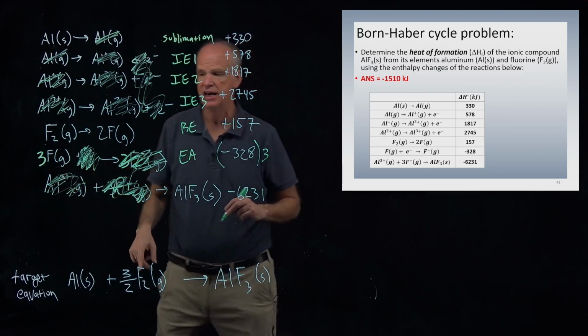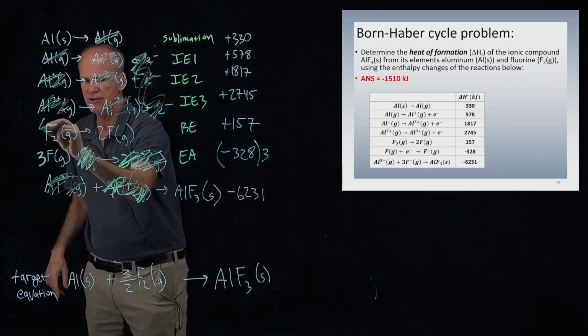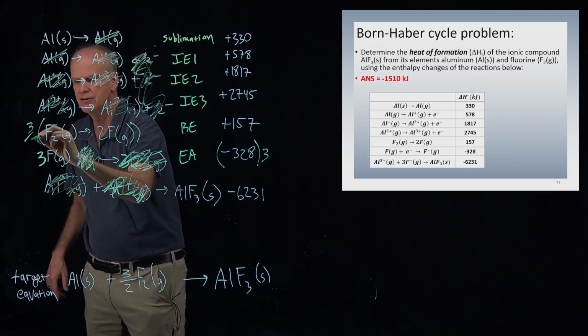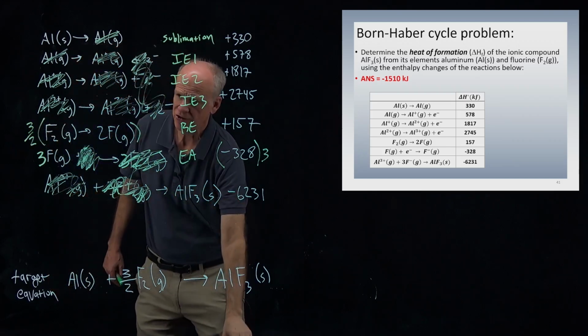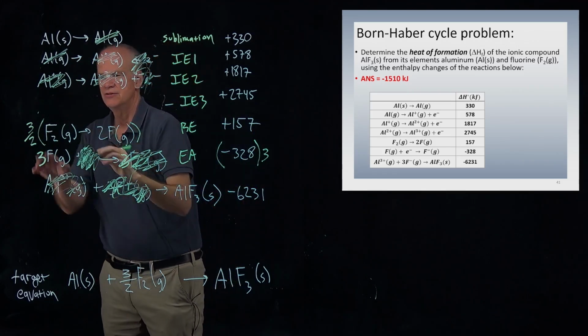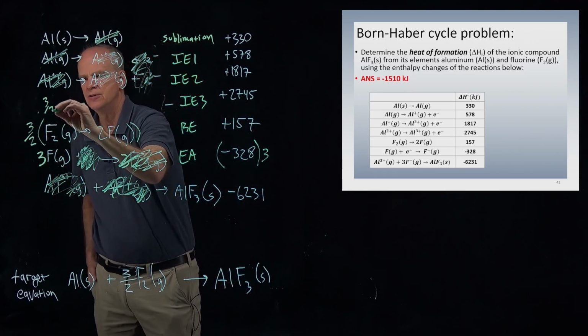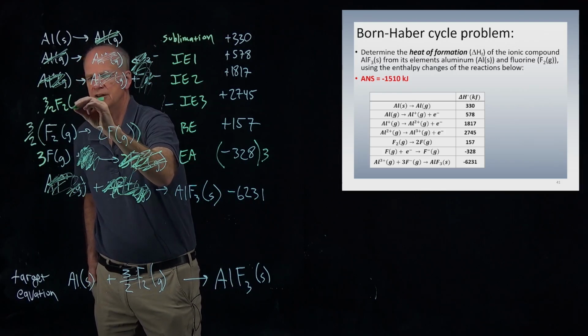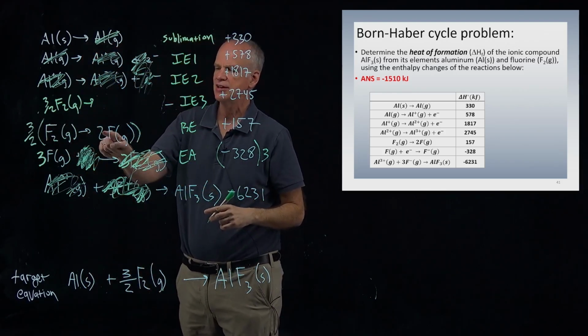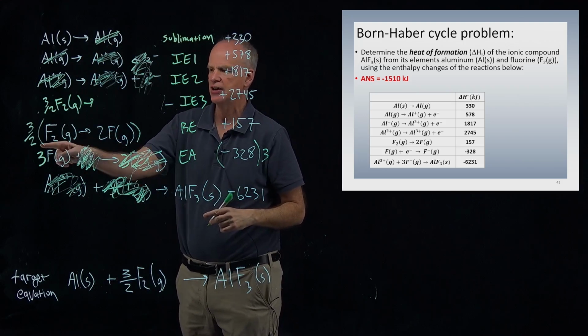So let me go ahead and say maybe what we want to do here is put 3 halves here, like that. And just to give me some room, I'm going to erase. So we get 3 halves F2 gas gives you 3 times 2, which is 6, divided by 2, which is 3.